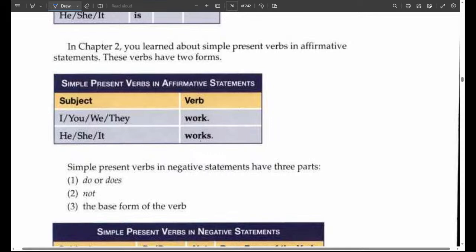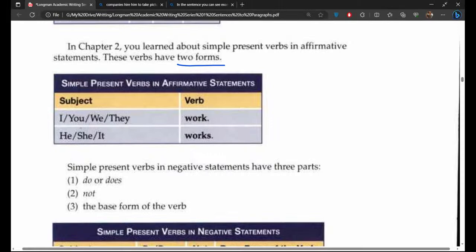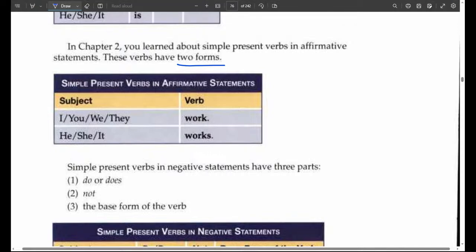He, she, it works. So they have 2 forms. Either it is work for I, you, we, they, or the works form adds an s or an es or an ies to the end of the verb to make it fit for he, she, it.